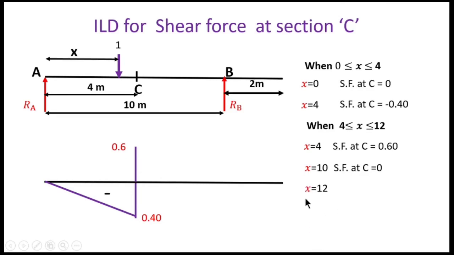And the last, x is equal to 12, shear force is minus 0.20. So here at C it is minus 0.20. So join this line 0.6, then 0 and minus 0.20. Above the line is positive and below the line is negative.